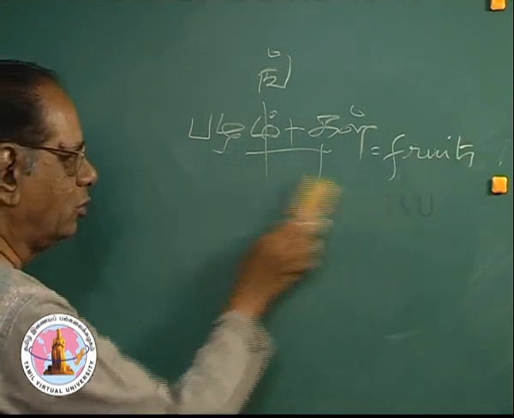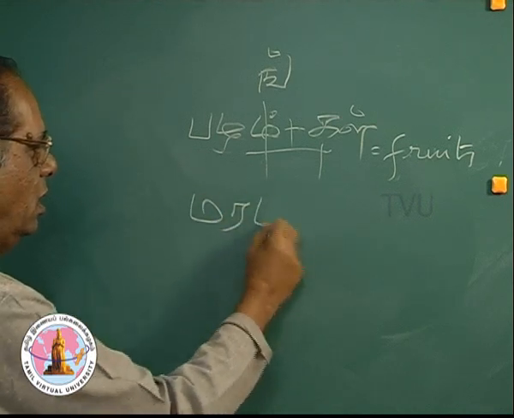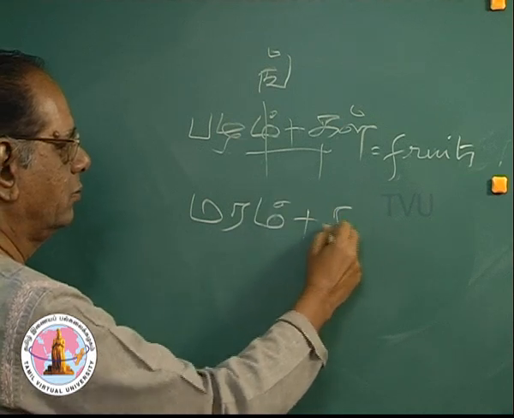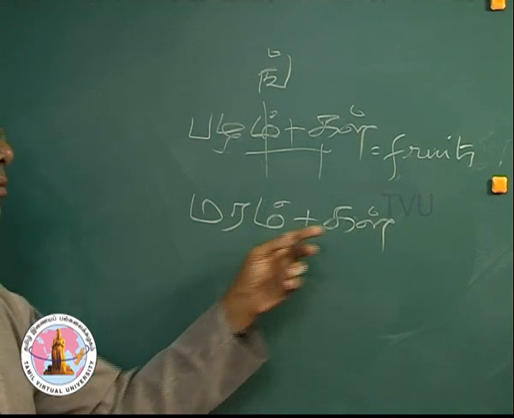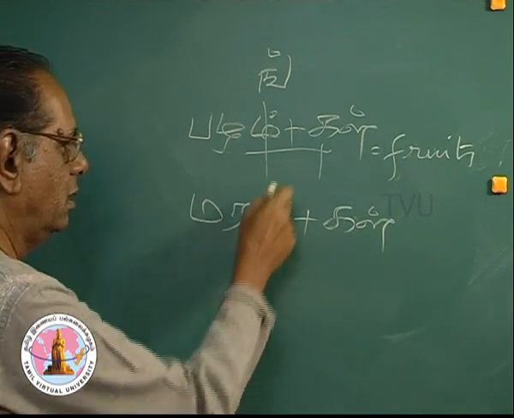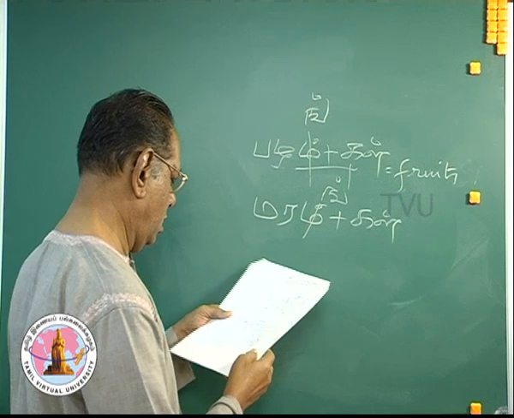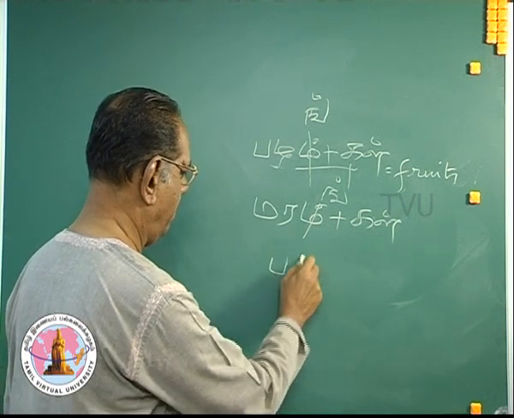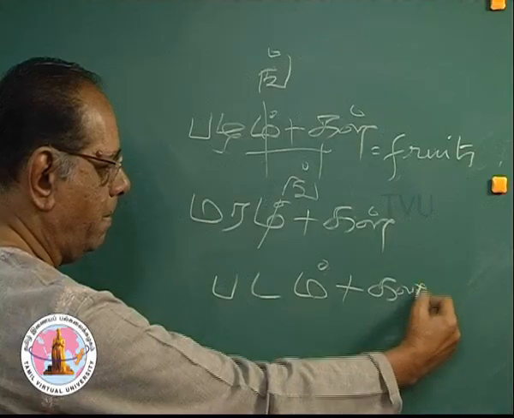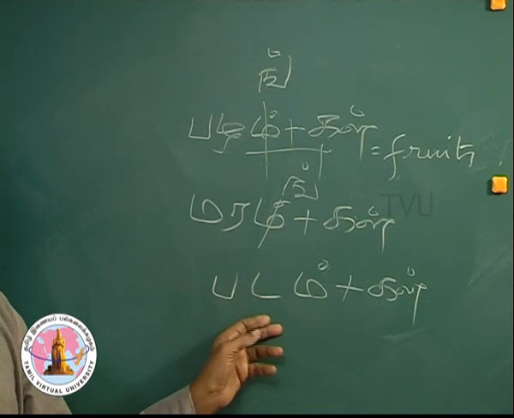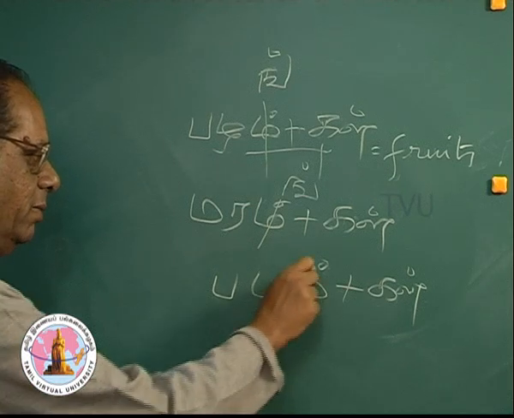This can be extended to this type of words. Maram, a tree. Maram plus kal, marangal. Padam plus kal, padangal. What is padam? A picture.